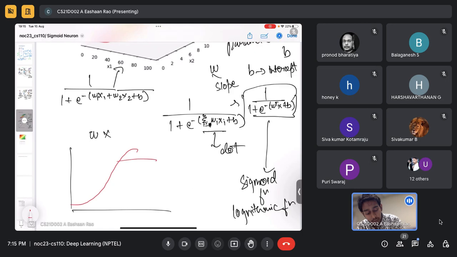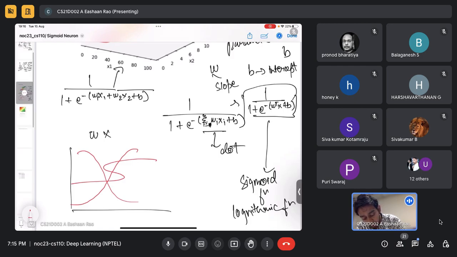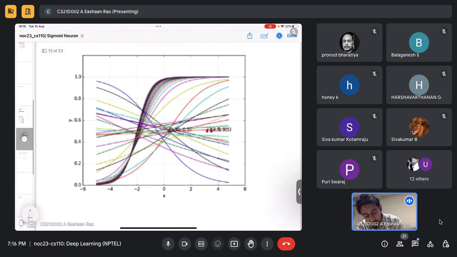If you want to see different types of sigmoid curves, let me show it. There are multiple kinds of sigmoid curves, and you can see that this is a slope kind of thing.